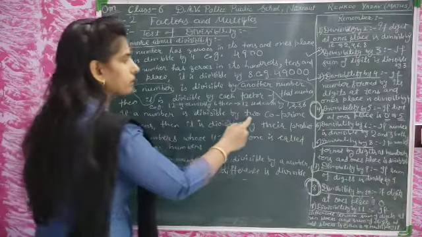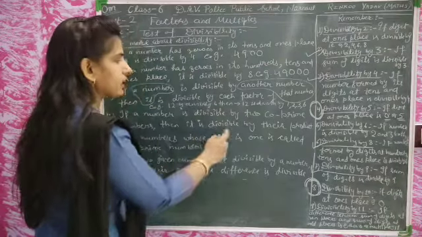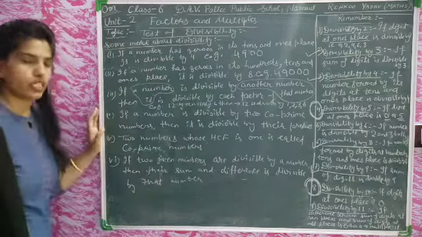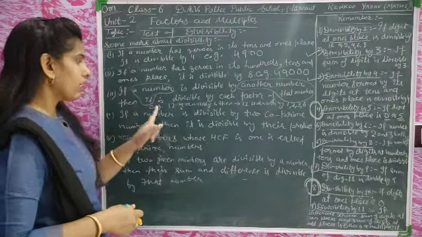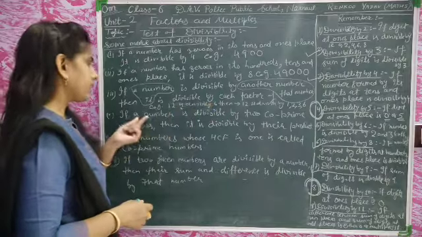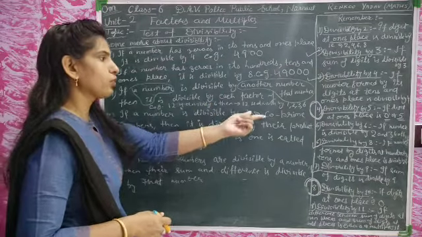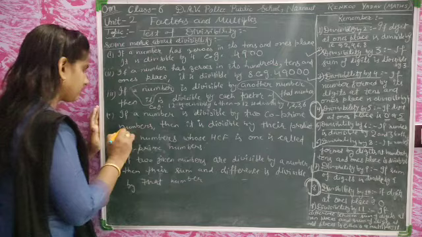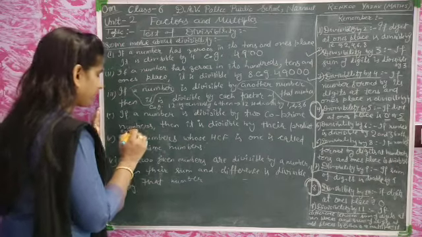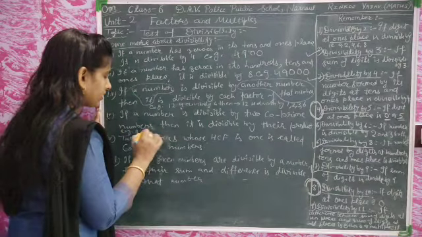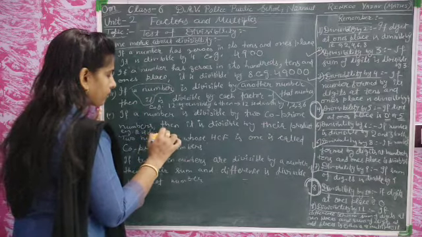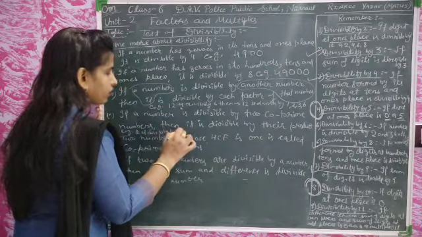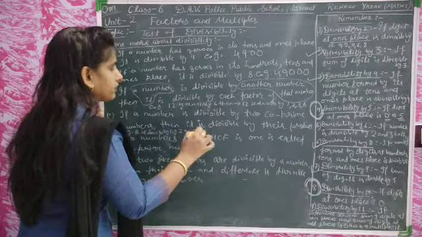If a number is divisible by two co-prime numbers, then it is divisible by their product. Let's see this example again. 12 is divisible by 6. A number is divisible by two co-prime numbers. For example, 12 is divisible by 2 and 3.